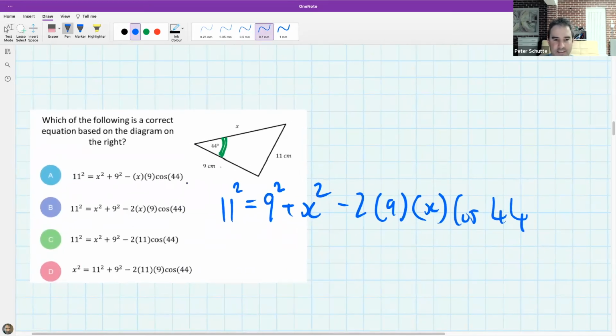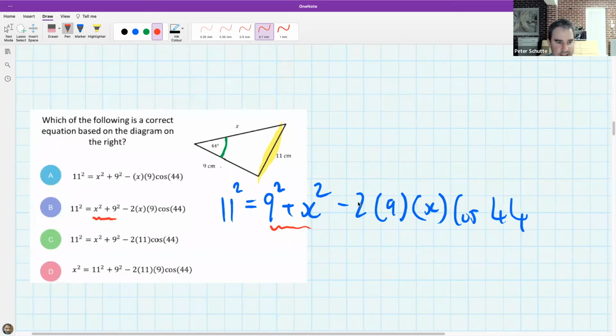Now, why have I done it like that? Well, basically, the side that stands by itself is always opposite the angle in the cos rule. And we're so used to looking at the two sides next to it. This is just a different way of looking at it. So most people seem to have said B. Let's see if I agree with you. So x squared and 9 squared and x squared, that is the same. So all good there.